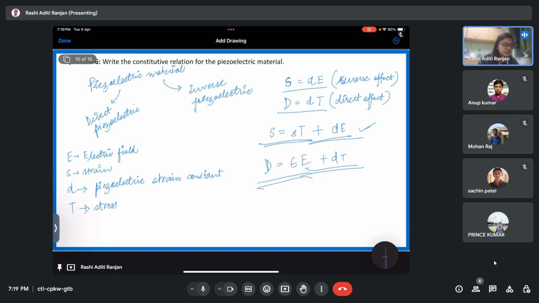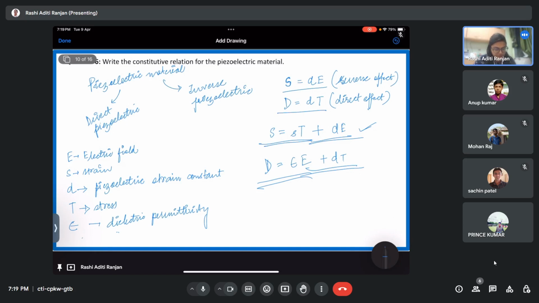Now, there are two things that should be kept in mind. Epsilon, I think you people know, is the dielectric permittivity, and it can be written as epsilon naught into epsilon r, where epsilon naught is the permittivity of air and epsilon r is the relative dielectric permittivity, right?